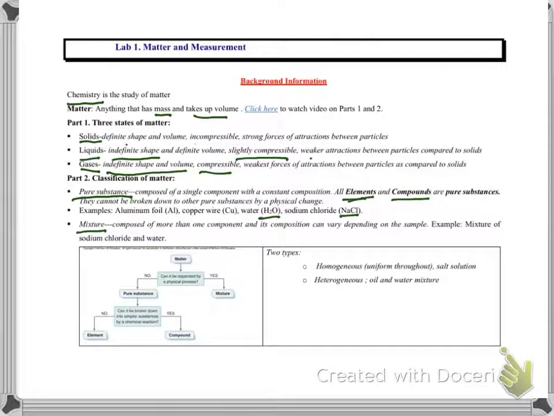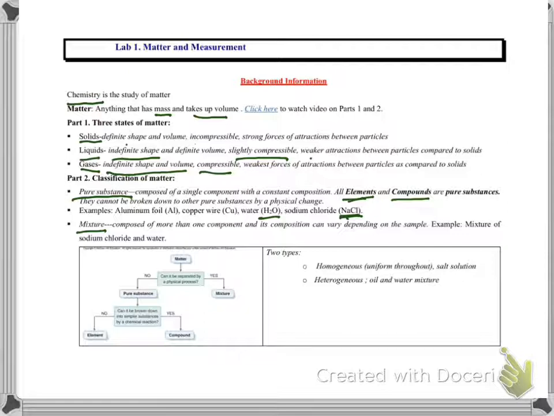When I say physical change, that means by melting or by boiling, you cannot convert water into hydrogen and oxygen. Similarly, sodium combines with chlorine in a ratio of 1:1 to form sodium chloride, which is salt. It's a compound. It does not have the properties of sodium and chlorine, it has its own properties, and sodium cannot be separated from chlorine by any physical change.